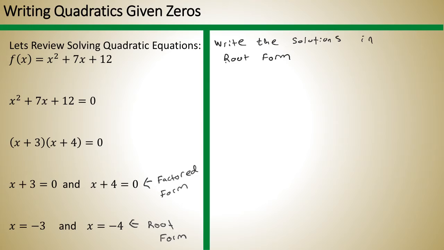So that would be this right here, x is equal to -3 and x is equal to -4. After I do that, I'm going to write it in factored form.